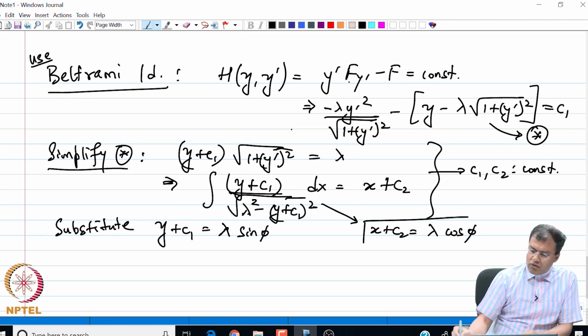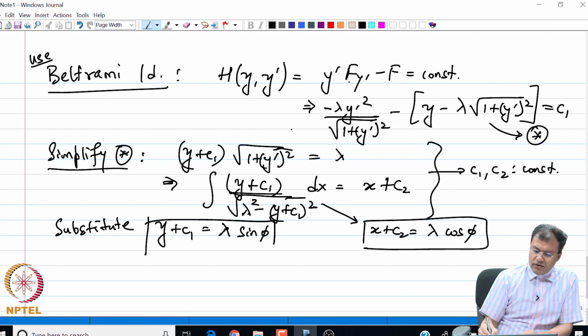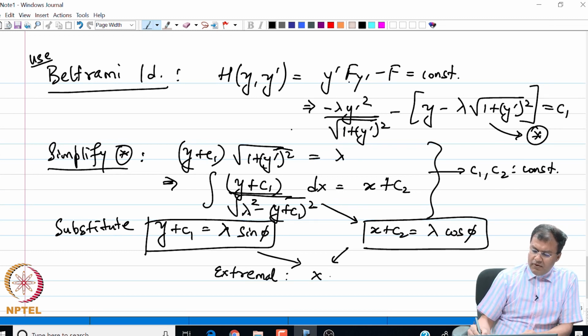So, here is the equation for x and here is the equation for y. From here we get that the extremal is such that (x plus C2) square plus (y plus C1) square is equal to lambda square.